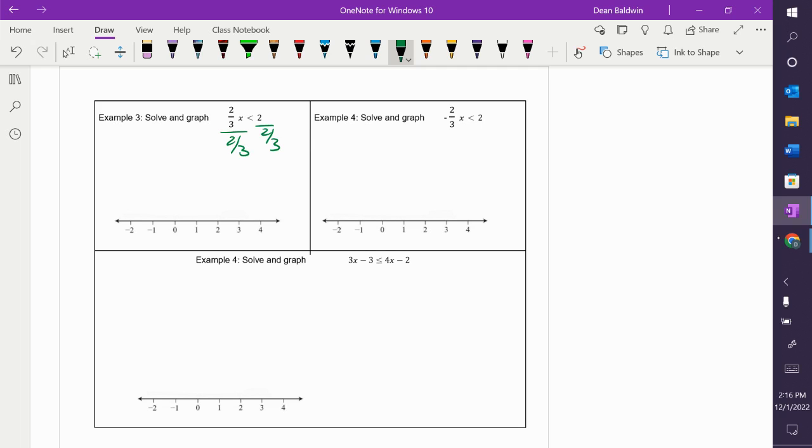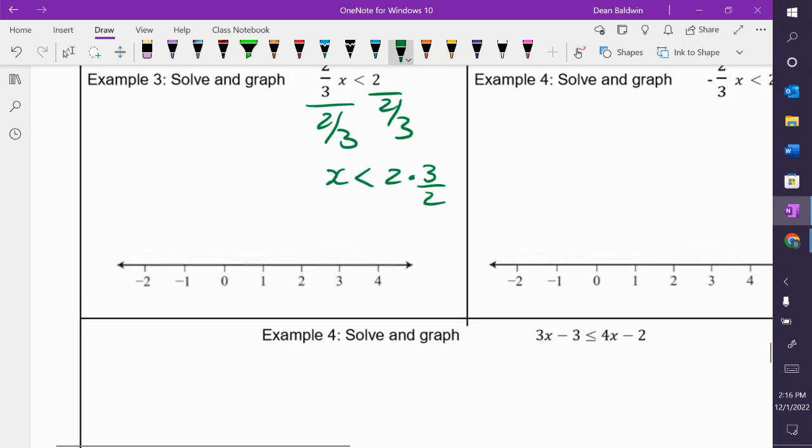I'll show you another way to do it. So how do you divide fractions? We did a whole chapter on this. Keep change, or keep flip, multiply. Which one do you flip? The second one. So this is x is less than 2 times 3 over 2. If you're multiplying fractions, you just multiply top times top, bottom times bottom, and the 2 is really 2 over 1, right?